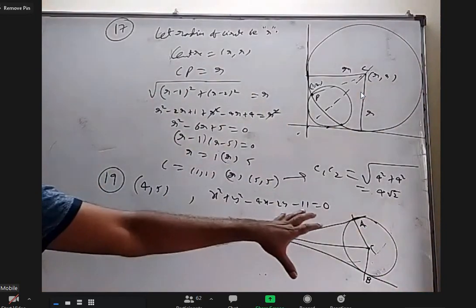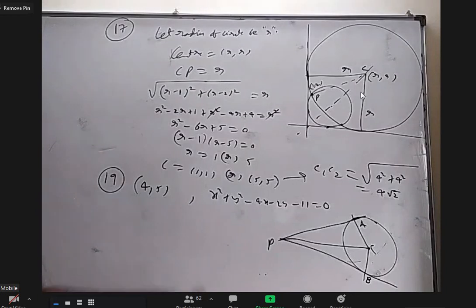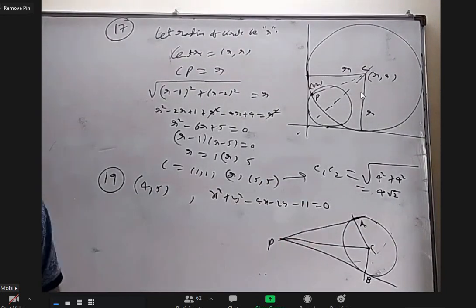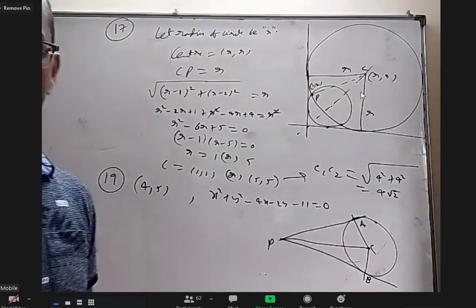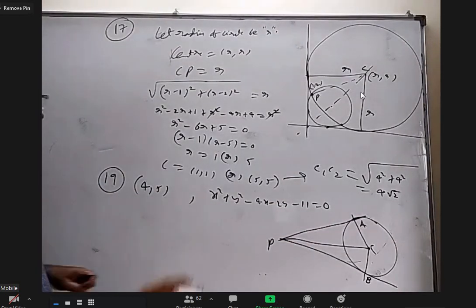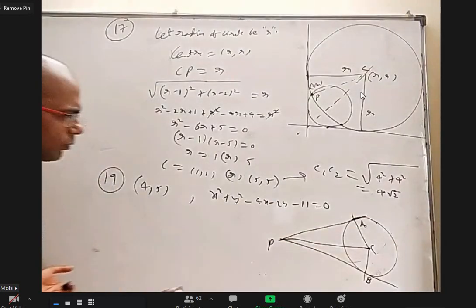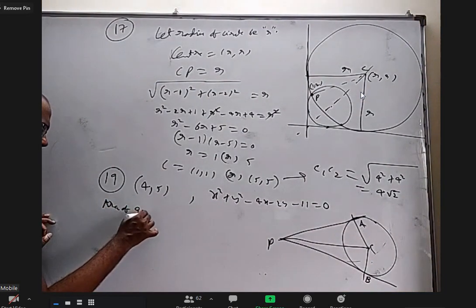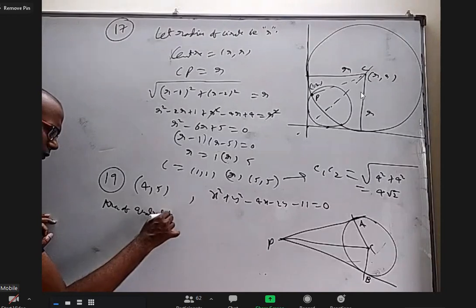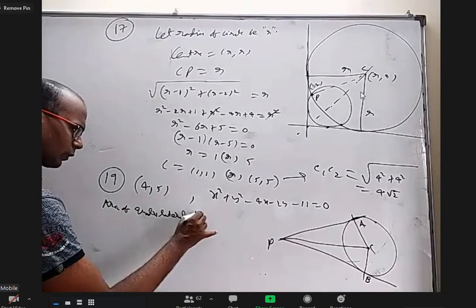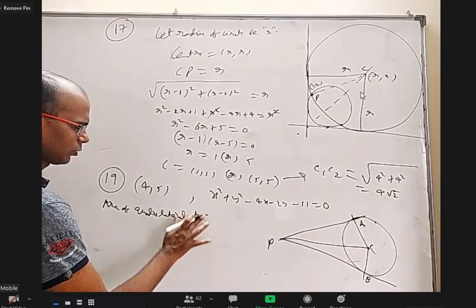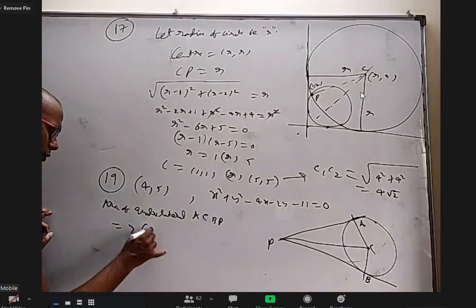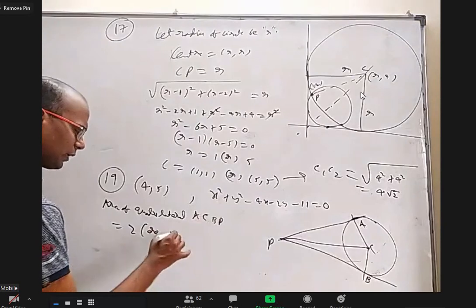They gave a circle and an external point; we are drawing two tangents that touch at 2 points. They want the area of the quadrilateral formed by the two tangents and the two radii. We have a formula directly, r into root S11, but how did it come? Area of quadrilateral ACBP is equal to 2 times the area of triangle PAC.